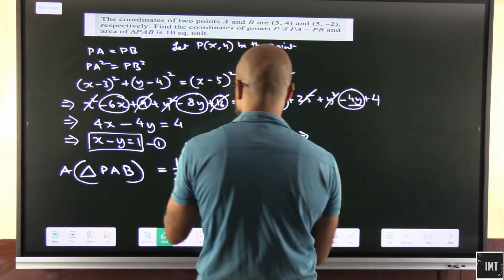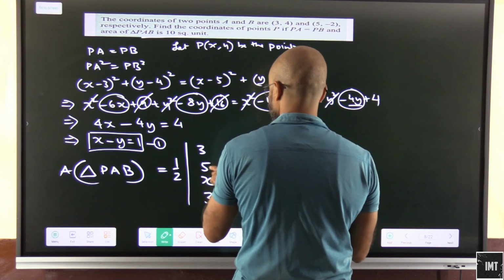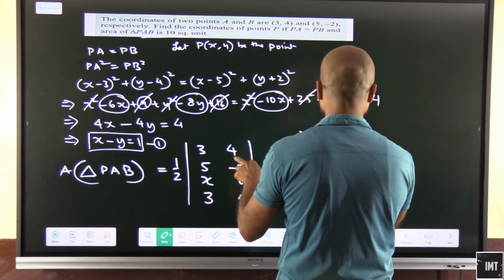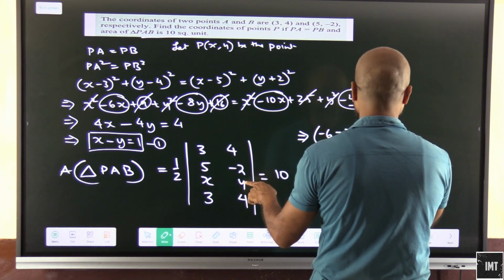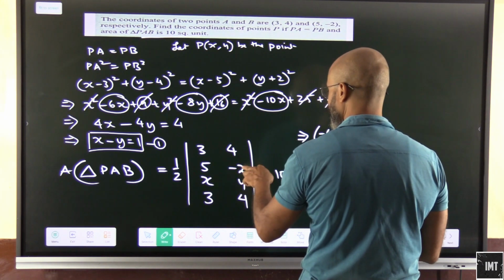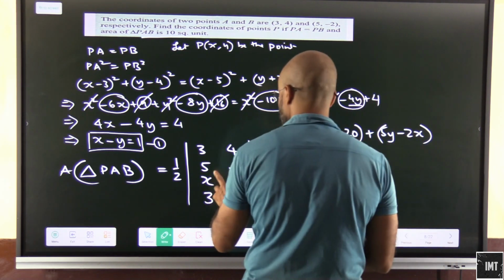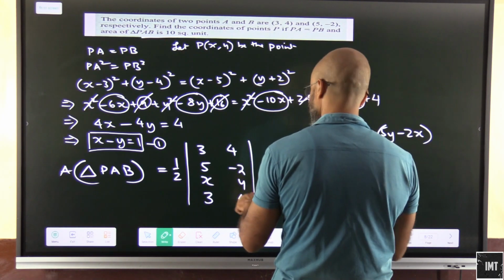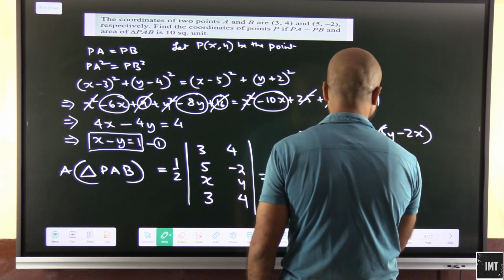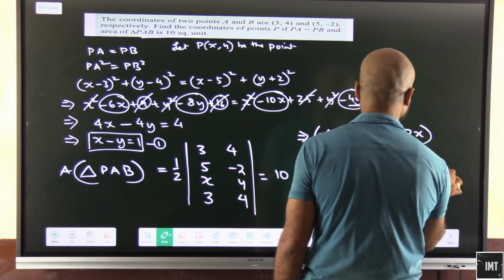So we can say that it will be 3 into -2, that is -6, minus 20, plus 5y minus 2x, plus 4x minus 3y, is equal to 10 into 2, that is 20.